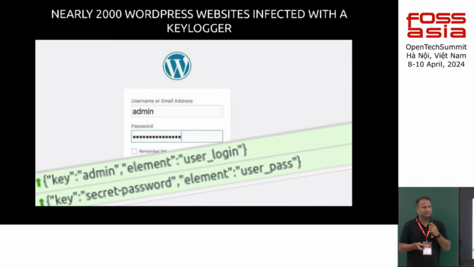Anybody can write an extension for WordPress and publish it. There have been a lot of instances where people write a malicious extension and publish it, and it gets through, and when you install the extension, it acts as a keylogger and fetches all your users' passwords and credentials and takes them to malicious websites or to attackers.